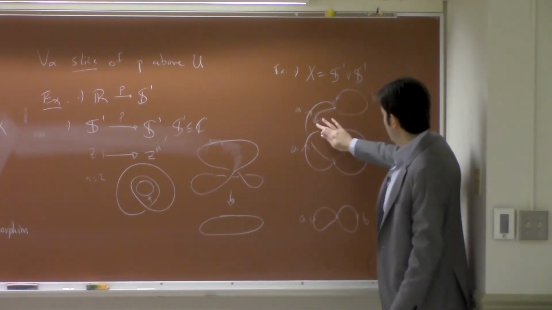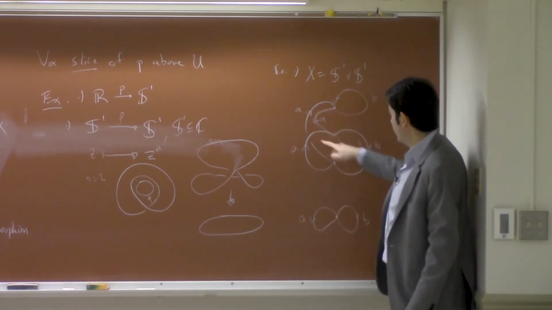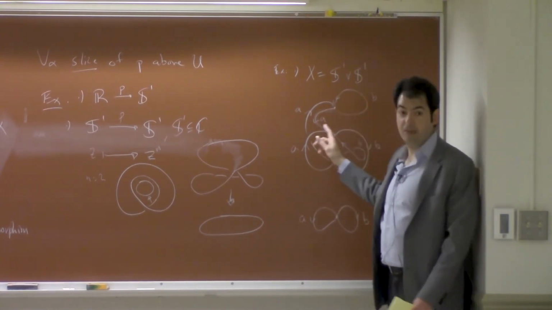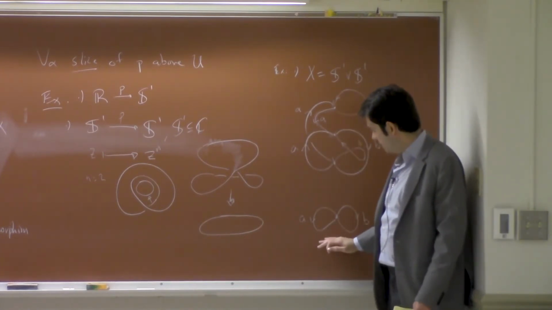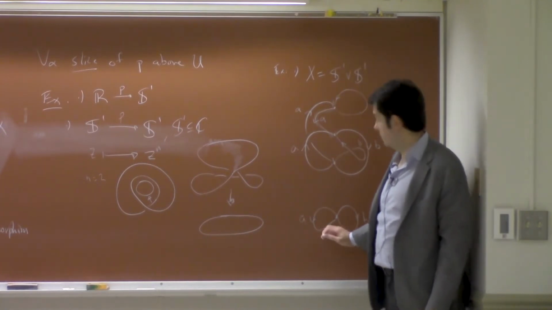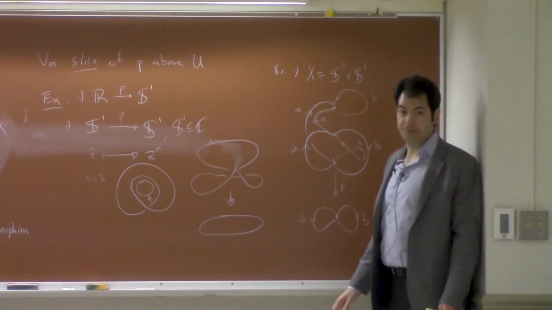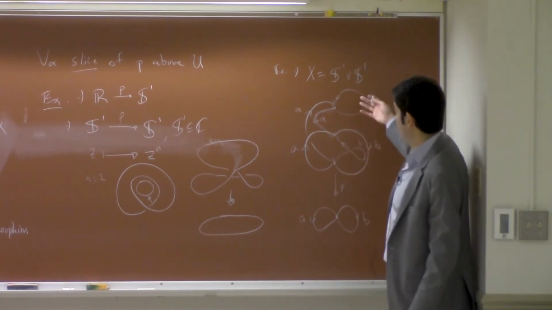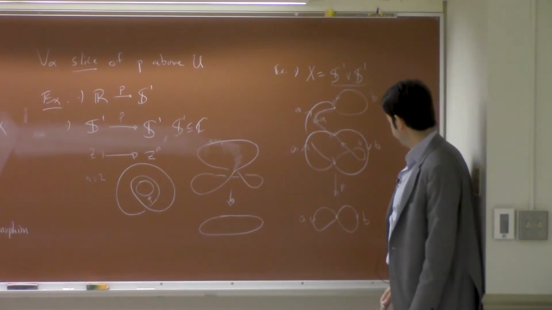Okay, so we ended up with this graph up here, and of course in this graph these lines are not identified. I've just labeled them with the loop that they map to downstairs. And the projection is the obvious map down. So that's an example of a covering space for this bouquet of two circles.